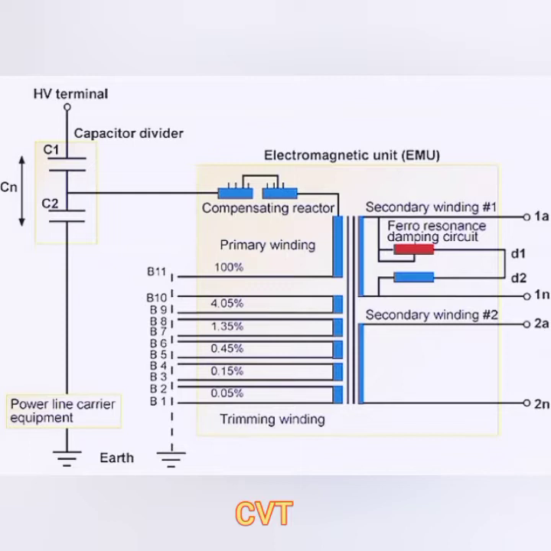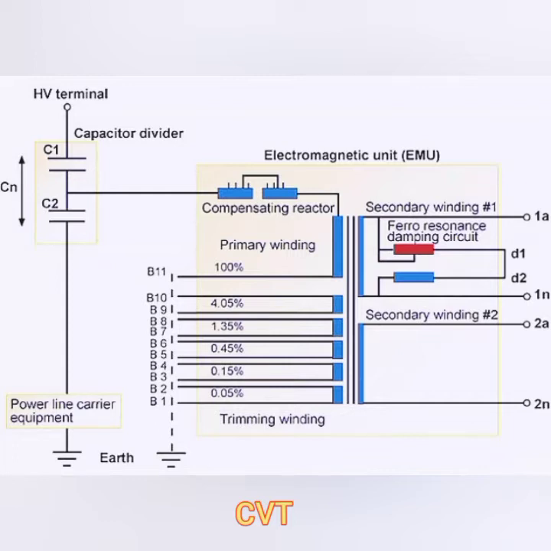For example, 220 kV gets reduced to 12 to 20 kV by the reduced primary winding, then further reduced to a measurable voltage. On the other side we have 1A, 1N, 2A, 2N as the secondary core terminals.